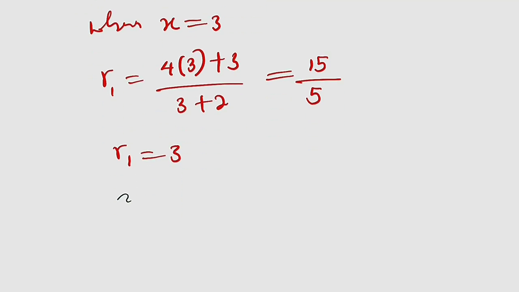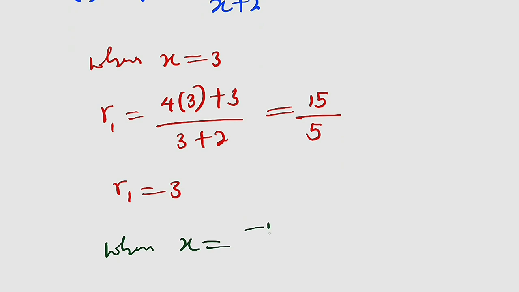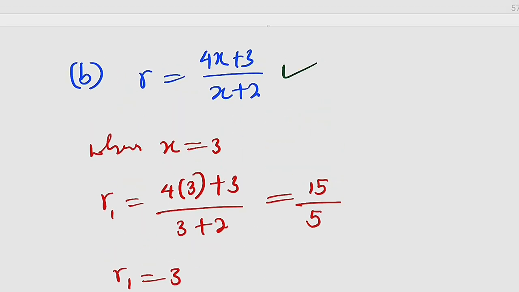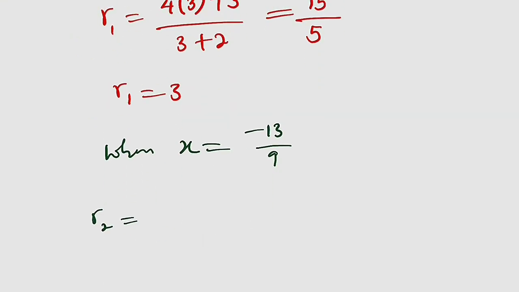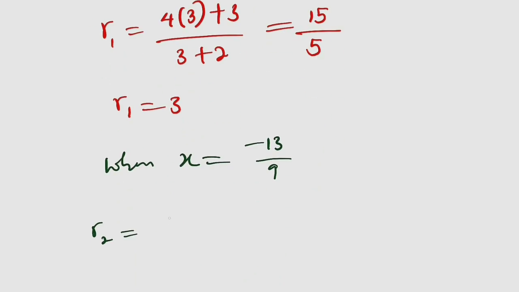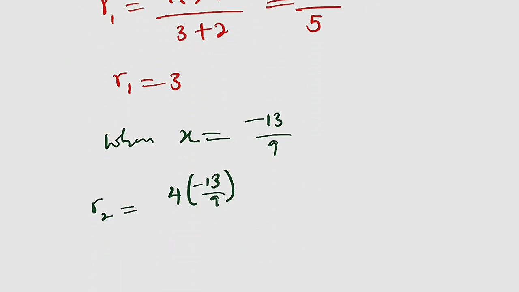Then we have when x is equal to the other value, negative 13 divided by 9. We're going to plug it into this relationship. We have r2 equal to 4 multiplied by x, 4 multiplied by negative 13 divided by 9, then plus 3, divided by x plus 2, that is negative 13 divided by 9 plus 2.